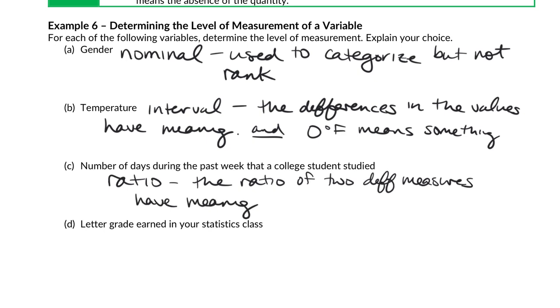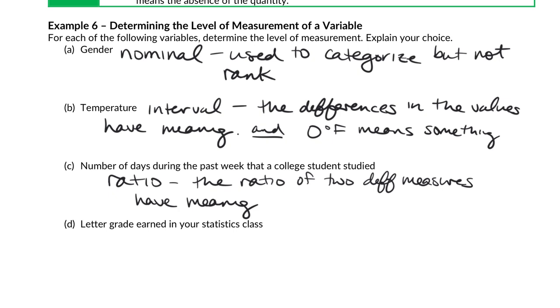Meaning, if I studied for 4 hours and you studied for 2 hours, I studied twice as long as you. That's a ratio. And if I say I studied 0 hours, is that the absence of studying? Yeah. So 0 means the absence of something.